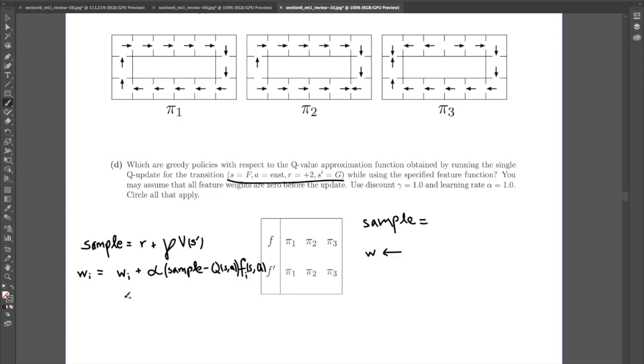And then how do you retrieve the Q values from these weights? Well, you take all of your FIs, put them into a vector which you can call F, and take the dot product of that with the vector W of all the weights. Assuming F applies to state S and action A, this will be equal to the Q value of that state action pair.